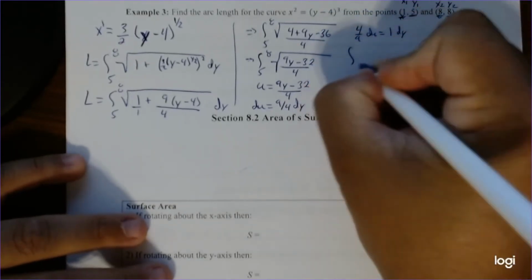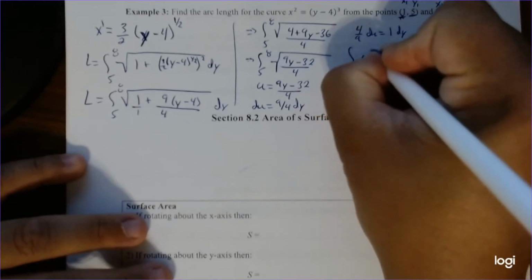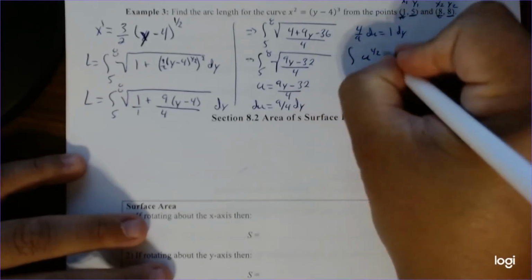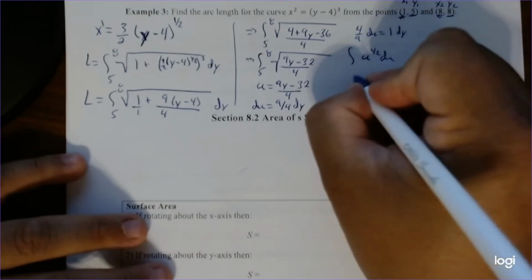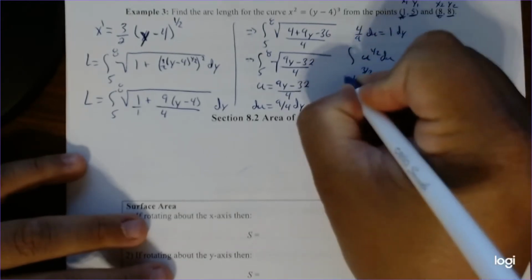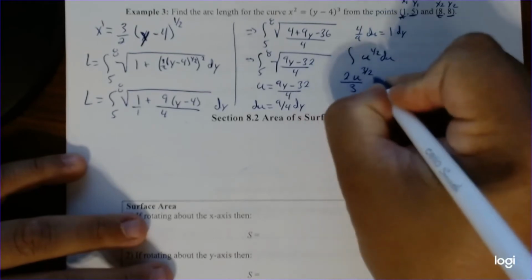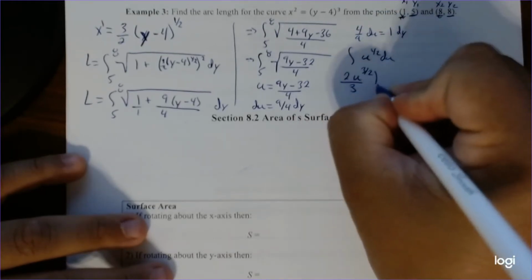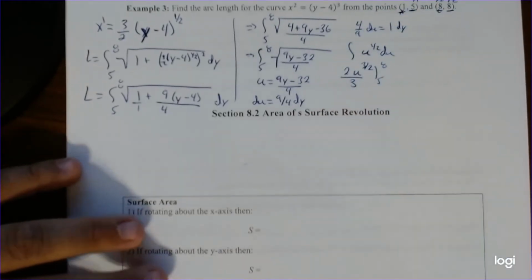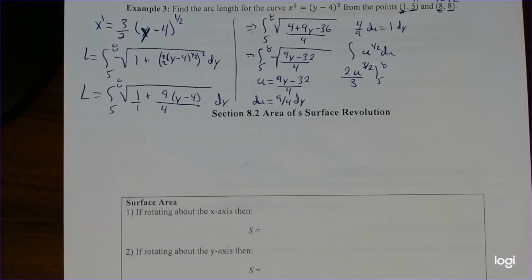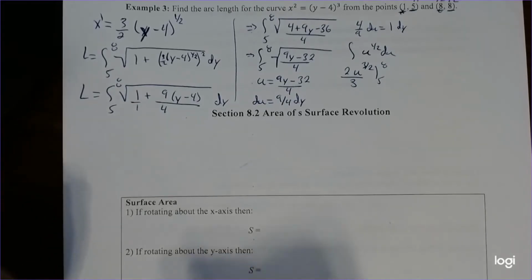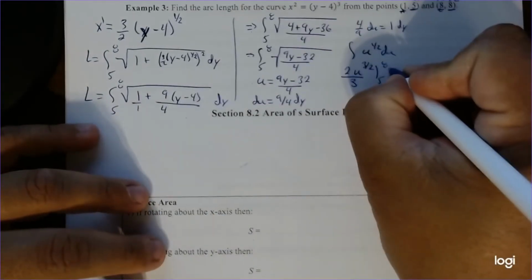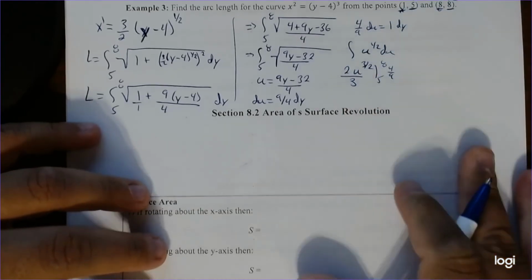So this is the integral of u to the 1/2 power, or just the square root of u. So adding 1, u to the 3/2, so 2/3, evaluated from 5 to 8. And then we plug back in what u was to begin with. Oh, don't forget, this is also 4 over 9 on the outside.